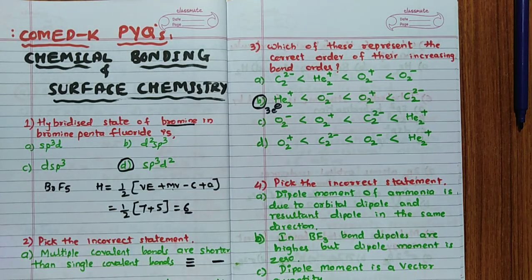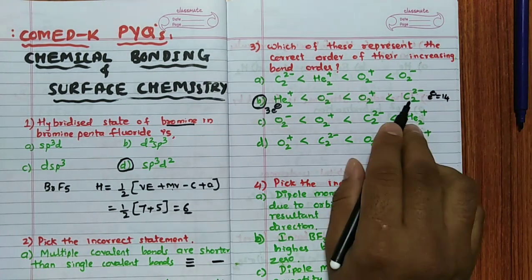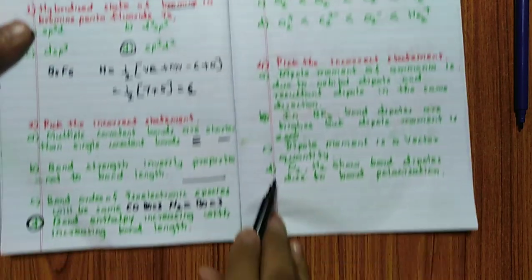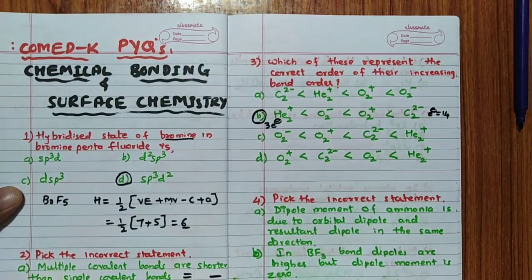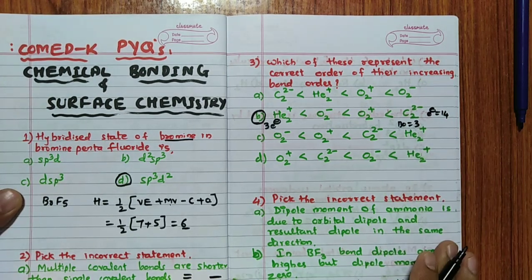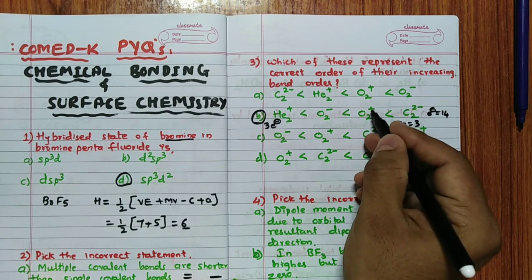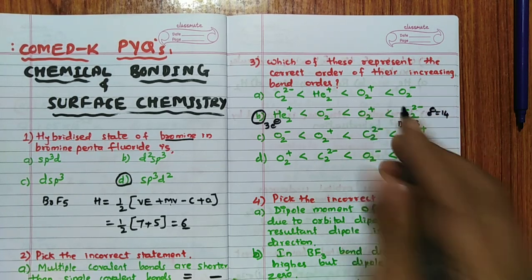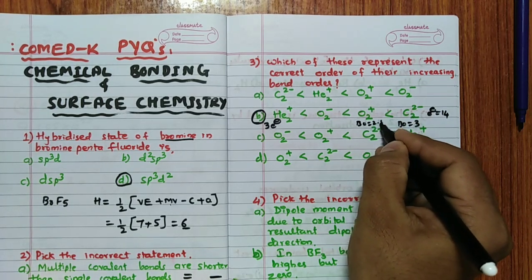Or you can calculate it like this. See, this electrons is equal to 14, right? So 14 electron system, remember, bond order is equal to 3. Then O2 plus, remember, O2 plus is 15 electron system. 15 electron system means 10 minus 5 by 2 shortcut. So bond order is equal to 2.5.